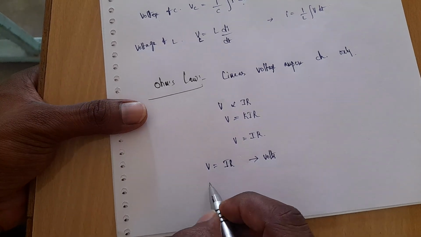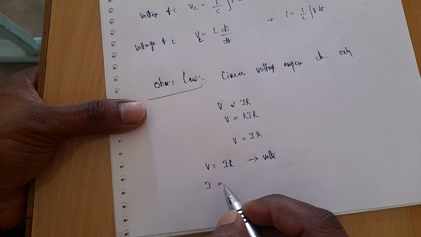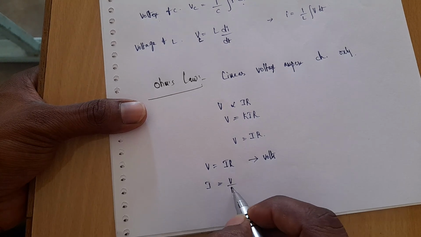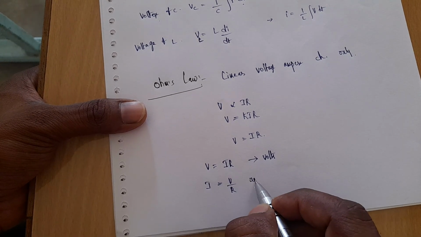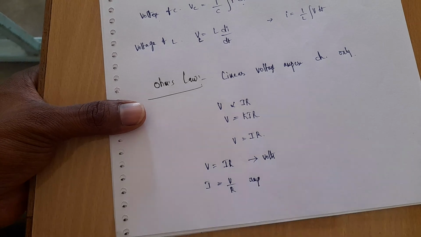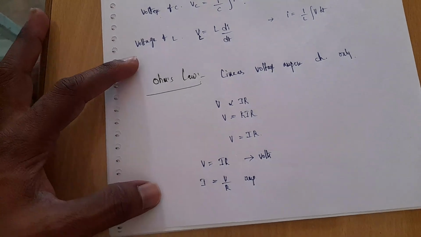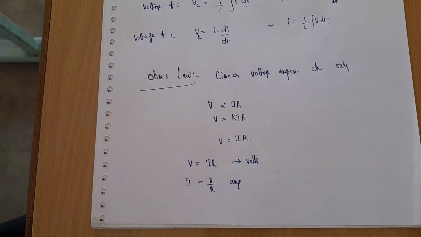For the current equation, I is equal to V by R, denoted in amperes. These are the units for voltage and current. This is one of the important concepts for network analysis.